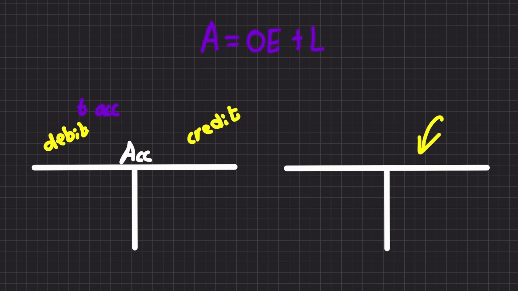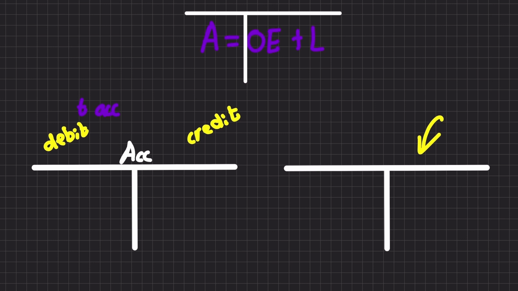And the way the accounting equation fits into this, it's always important to know the accounting equation, is that assets is equal to owner's equity plus liabilities. And you can see that your assets are on the left, and owner's equity and liabilities are on the right, or the credit side.